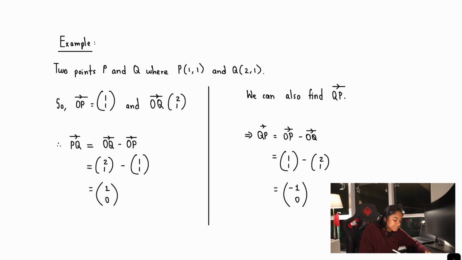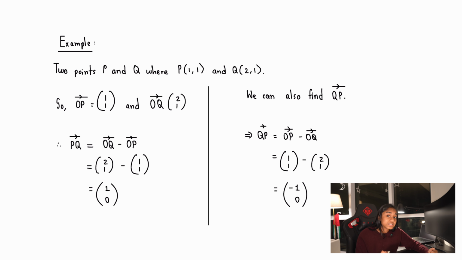We have 2 points, P and Q, where P is (1, 1) and Q is (2, 1). So OP, the position vector, would be (1, 1) and OQ would be (2, 1). If we wanted to find PQ, we could use the formula OQ minus OP, and of course we use exactly what we learned before, how to subtract vectors. So the corresponding components: 2 minus 1 is 1, 1 minus 1 is 0.